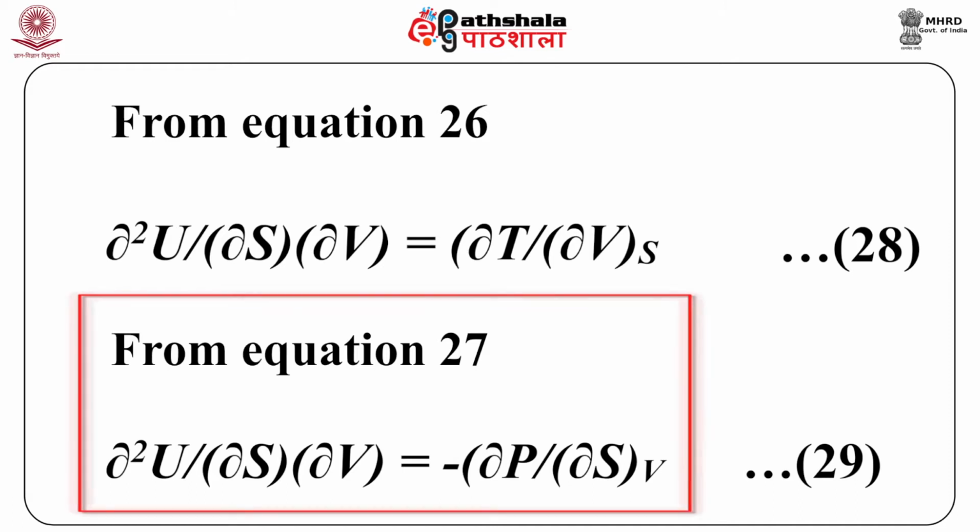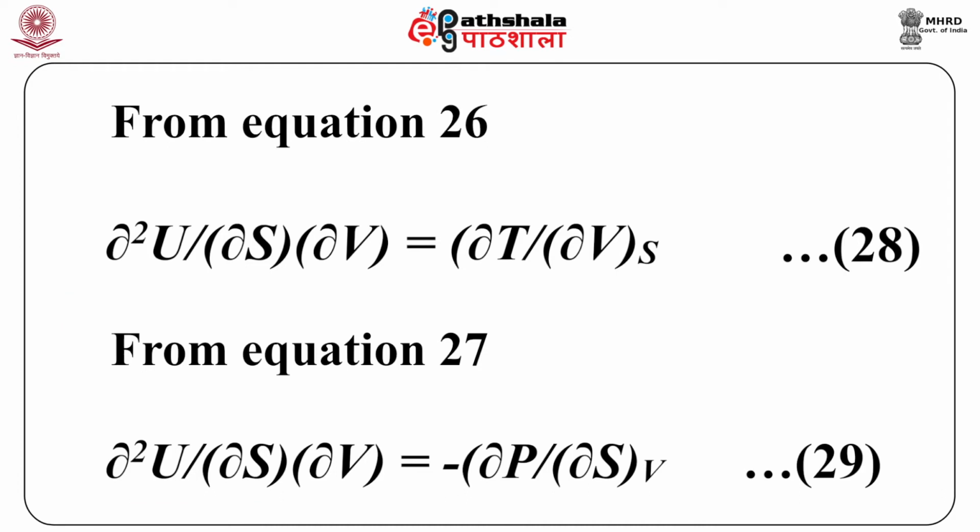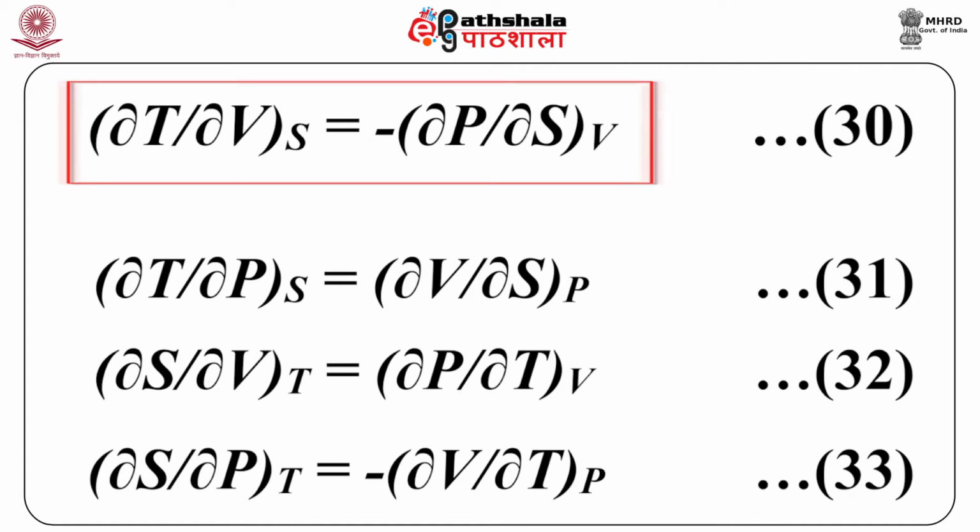From equation 27 we get d square U by dS dV equals minus dP by dS at constant volume as our equation 29. On comparing equations 28 and 29, we get dT by dV at constant S equals minus dP by dS at constant V. This is our equation 30.